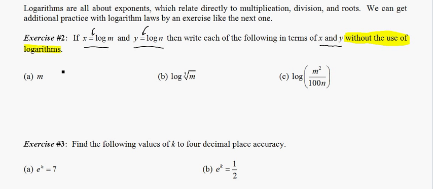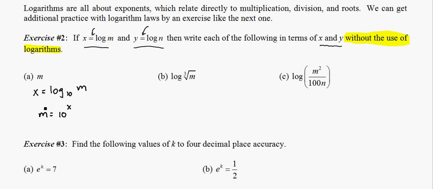One of, I think, the greatest ironies of this problem is that perhaps the hardest one of all is letter A. Right? People look at this and they go, well, what am I supposed to do with this? Well, think about it. x is equal to the log base 10 of m. We can actually rewrite the exponential equivalent equation, right?